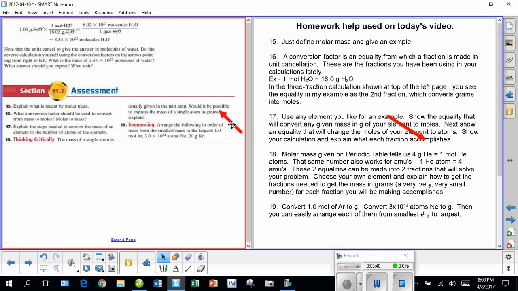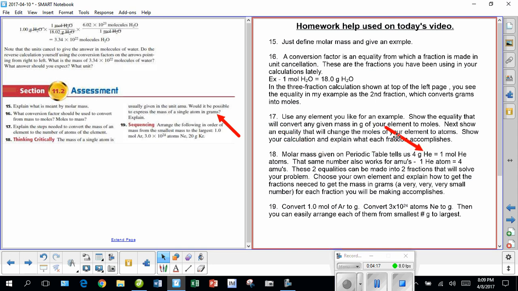So, would it be possible to express the mass of a single atom in grams? And I've given you some big hints over here on the right. If you use those, your example can't be with helium, but you could use any other atom. Make it a low-numbered atom so you don't have big numbers to mess with, and go ahead and work it out.